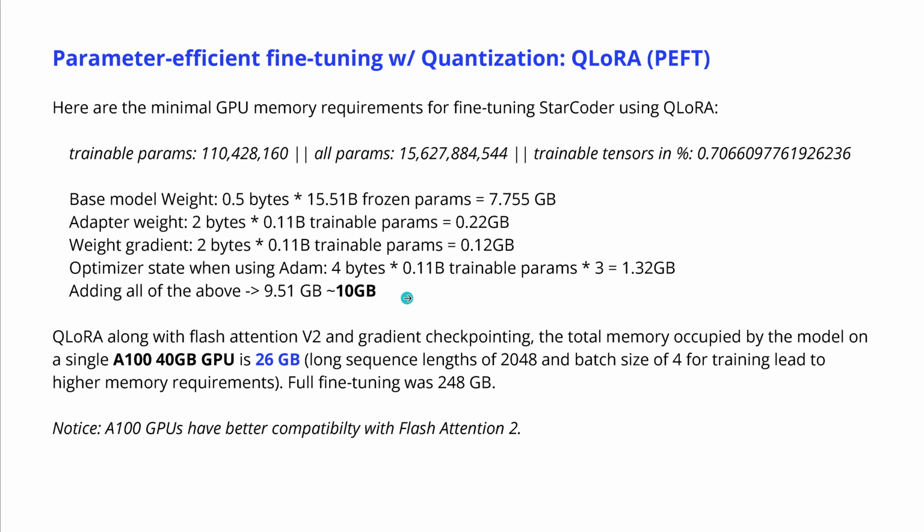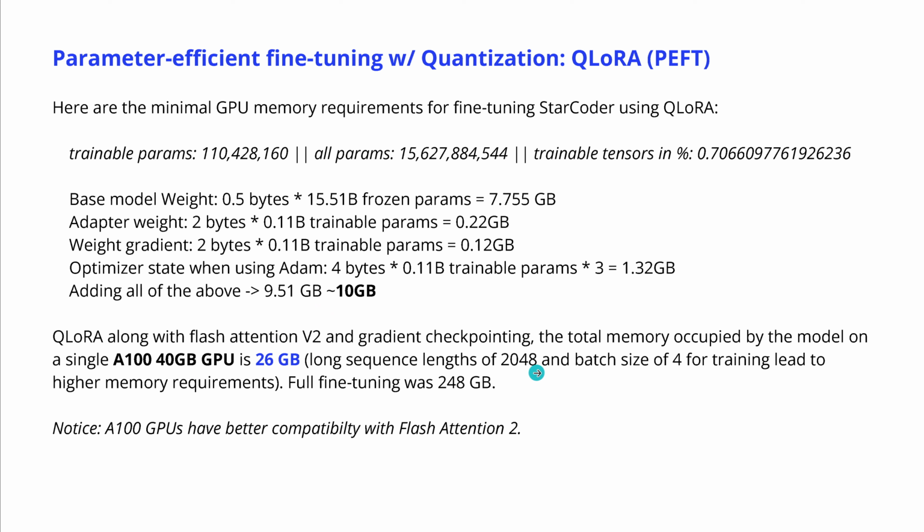Yes, you can think about how much memory you need. If you apply flash attention and gradient checkpointing, you take into consideration everything you need to do. The total memory occupied by the model is now a single A100 with just 40 gigabytes, not an 80 gigabyte, because our complete memory requirement is about 26-27 gigabytes.